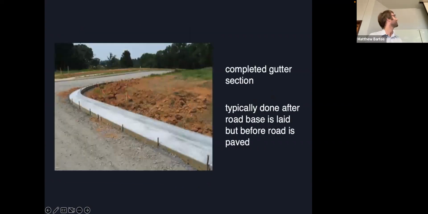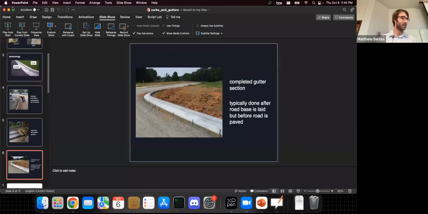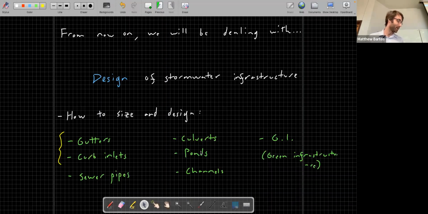And here's a picture of a completed gutter section. This is typically done after the road base is laid, but before the road is paved. Okay, so those are just some images of curbs and gutters.